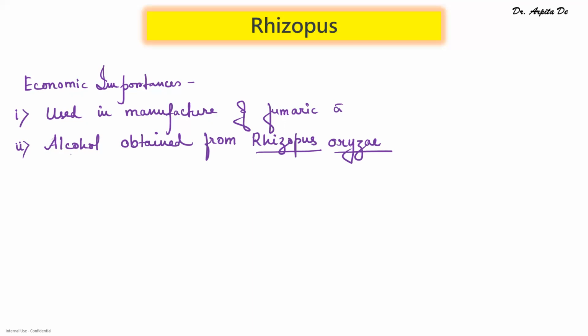Other than this, various species of Rhizopus like Rhizopus sinensis, Rhizopus nodosus, they are all capable of forming large quantities of lactic acid. In Indonesia, a delicious food known as tempe is prepared from soya beans with the help of some strains of Rhizopus.